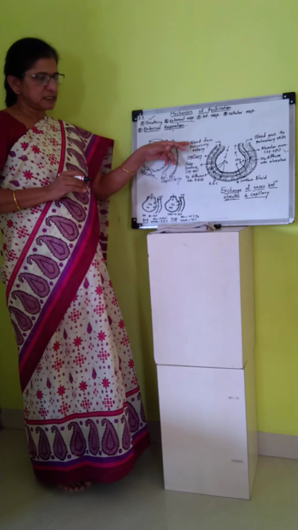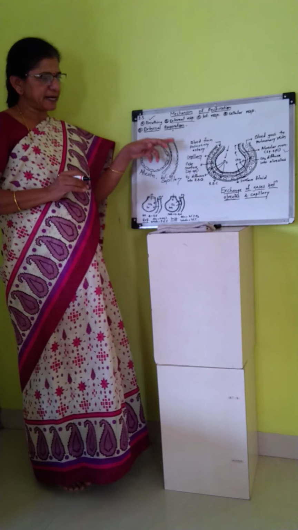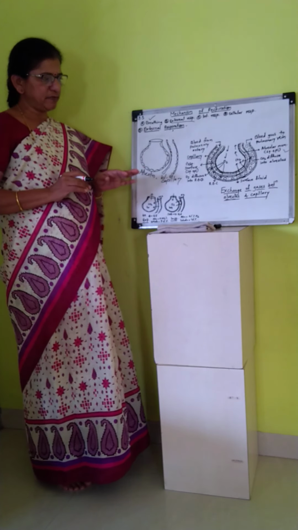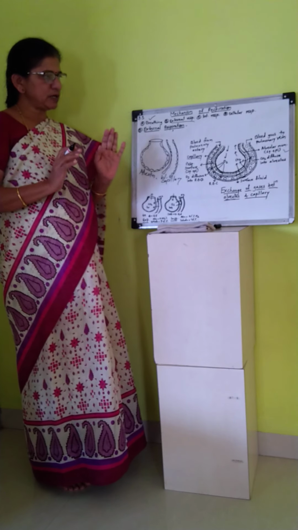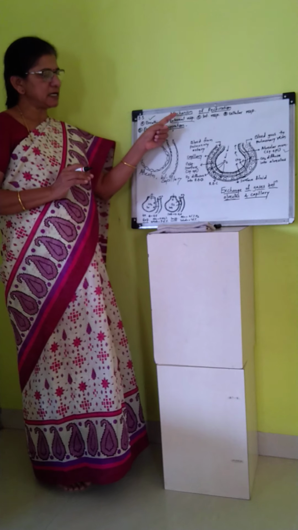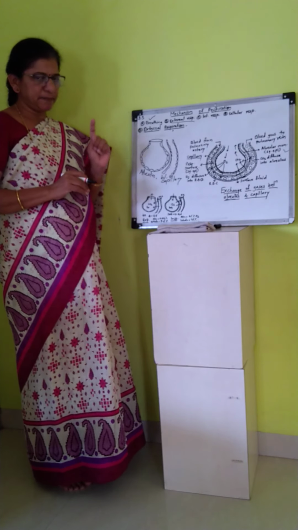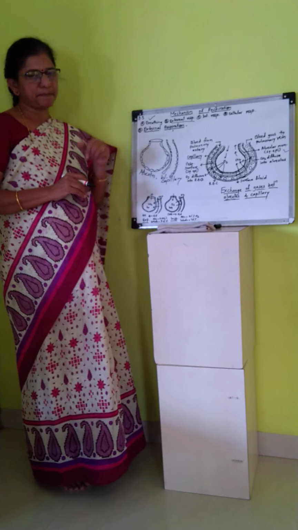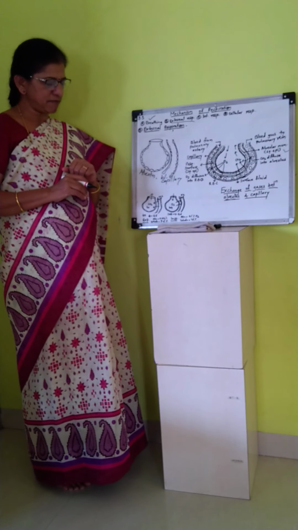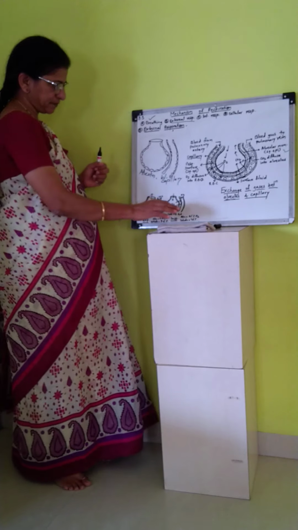Through this network of blood capillaries at the surface of alveolus, the actual gaseous exchange occurs, which is known as external respiration, depending upon partial pressure of oxygen and partial pressure of carbon dioxide.